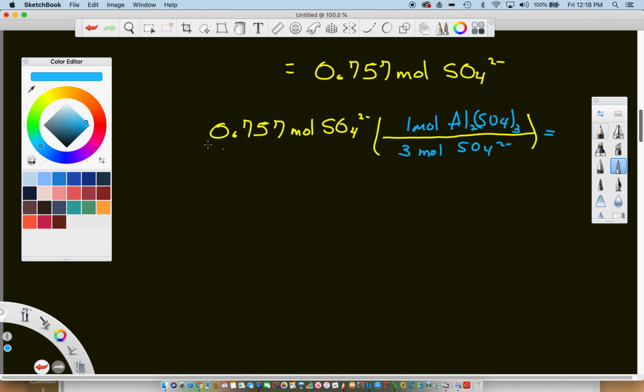And I get 0.252 moles of aluminum sulfate.